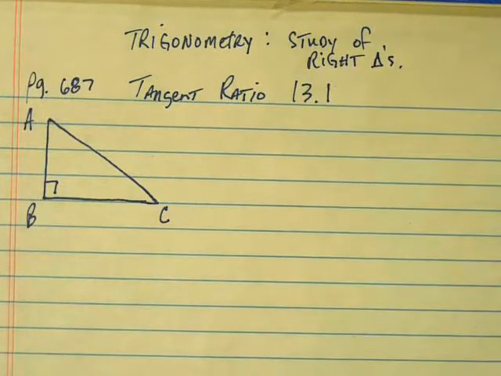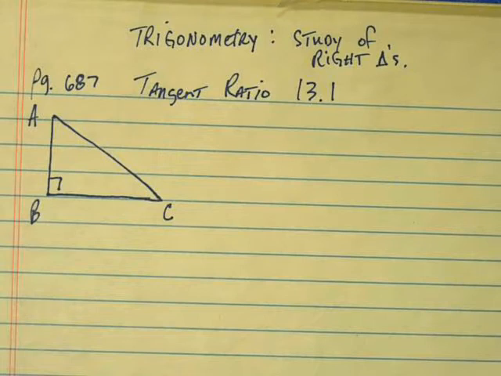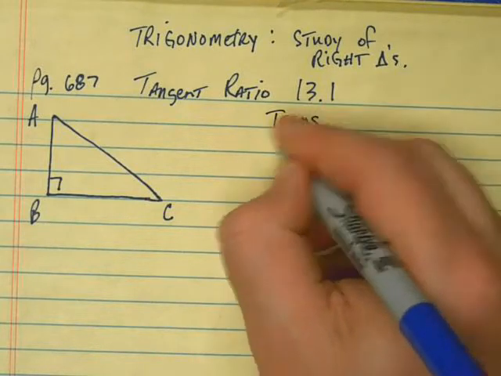That's what trigonometry means. We're going to go into a deep dive of right triangles over the next probably two and a half weeks. Here are some terms that we are going to discuss and apply.